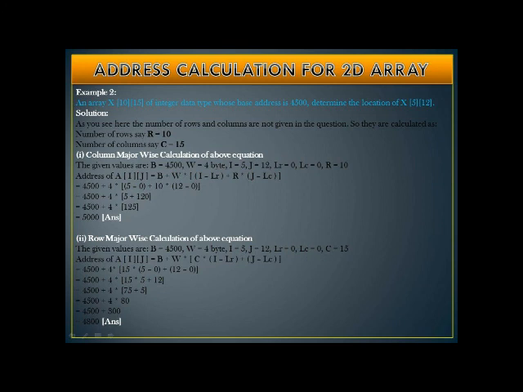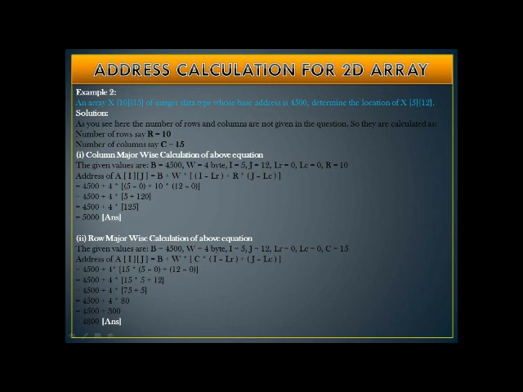Let's move on to the next example. Over here, a known type of array is given, x[10][15], that is, the total number of rows is 10 and the total number of columns is 15.